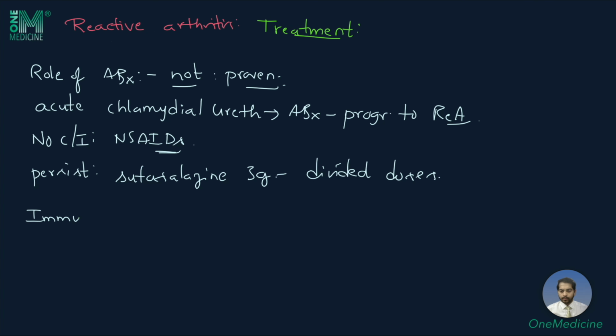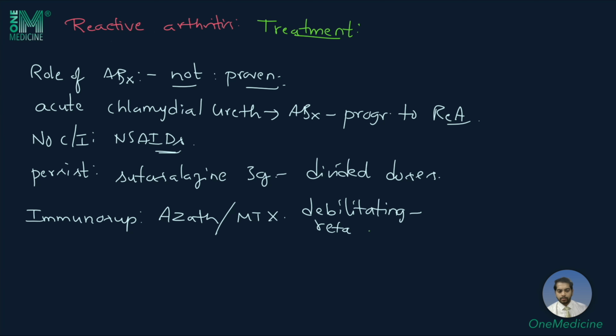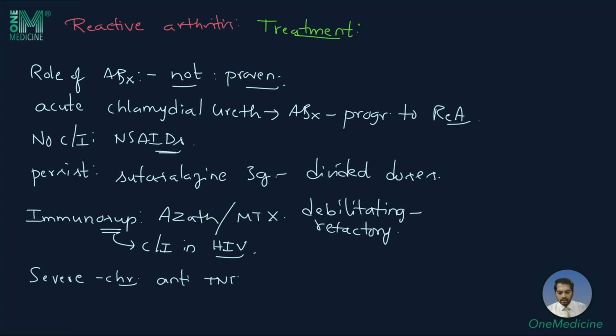Immunosuppressive therapy including azathioprine or methotrexate can be used in patients with debilitating disease that is refractory to other treatment options. However, this is contraindicated in cases with HIV infection. In severe chronic cases, anti-tumor necrosis factor alpha agents can be tried.